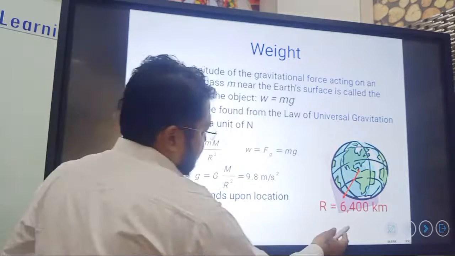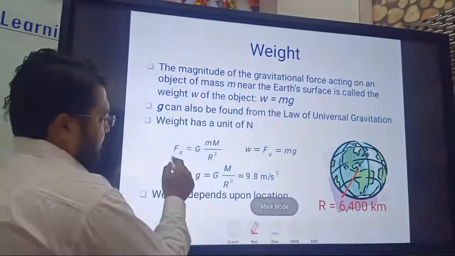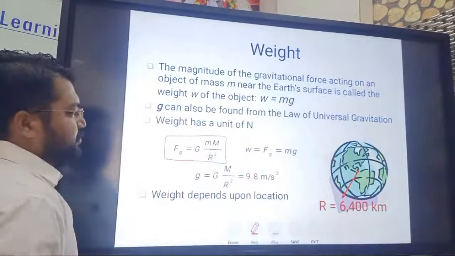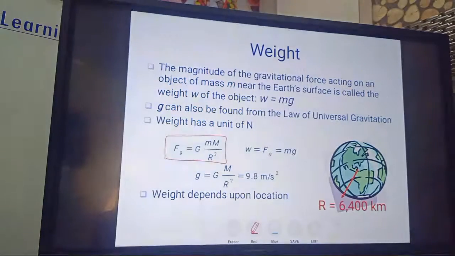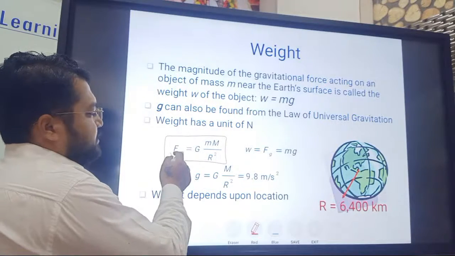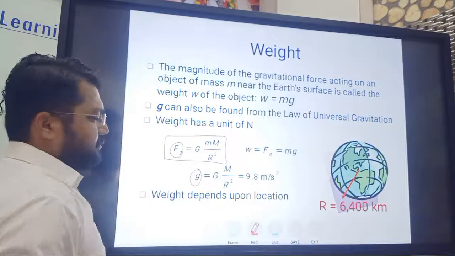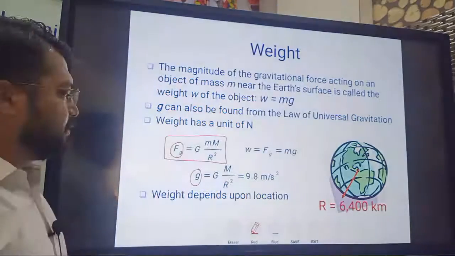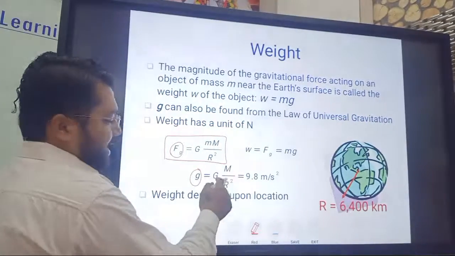So just now we have seen this formula, F is equal to G m upon r square.